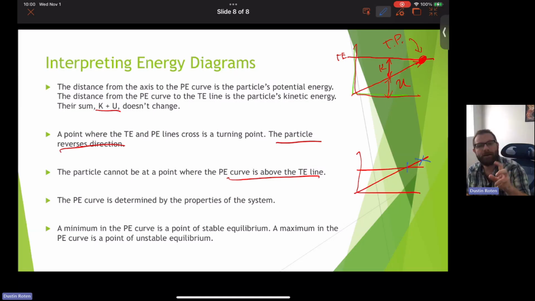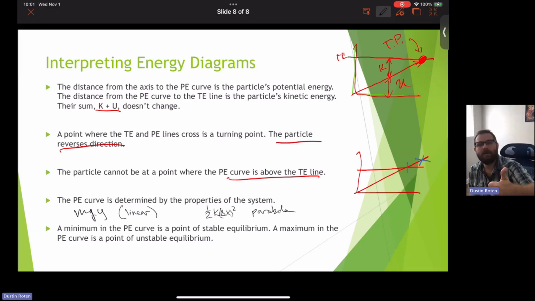Now remember, the PE curve is determined by the properties of the system. So in one case, we had the potential energy of an object in free fall, which was linear because of the mathematics, the mgy. And then in another situation, we had the 1/2 k delta x squared, which was a parabola.